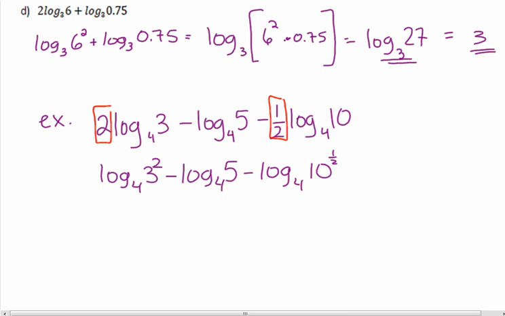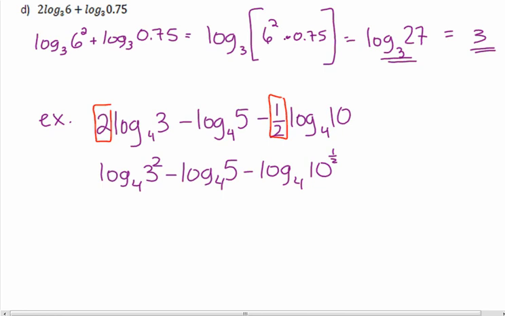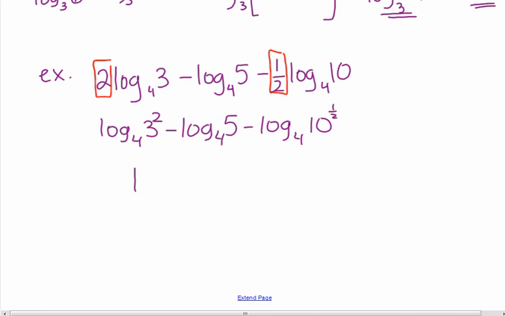Okay, so how would I write this as a single log now? Who would be on the numerator? Who would be on the denominator? Numerator is positive, denominator is negative. So the first guy would be on top, he's positive. The 5, and what would we do with these two numbers?